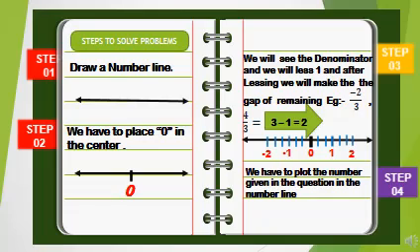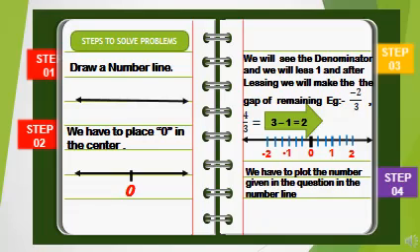In the same way we will leave 2 more lines, and on the third line we will write number 2. Just as we have done this on the right hand side, we will do the same process on the left hand side. But here there is a little change. On the left hand side there are all negative numbers, so we will write the numbers in negative form.